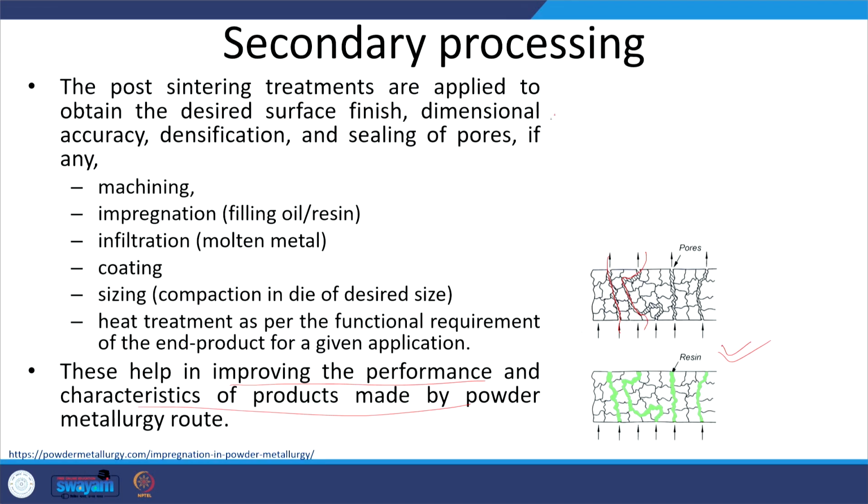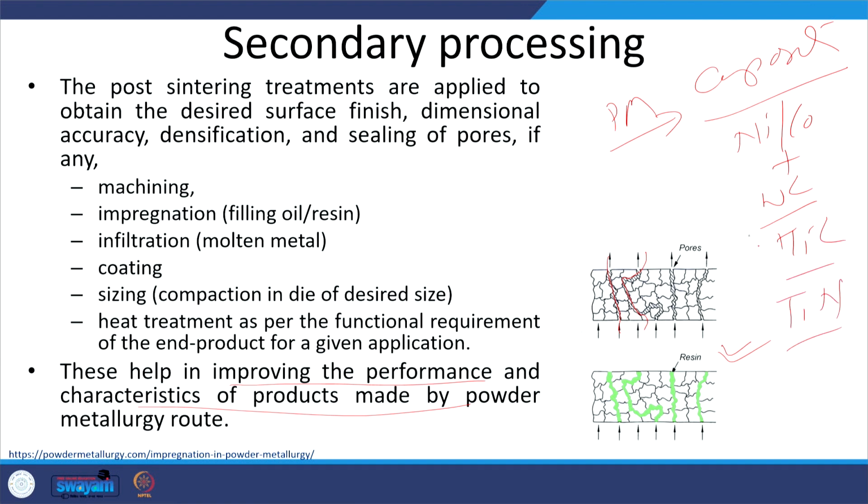As I said, the powder metallurgy route is very commonly used for making products of composite materials like the nickel or cobalt matrix coupled with tungsten carbide, titanium carbide, tungsten nitride, etc. These are extremely hard and brittle when embedded or fixed in the matrix of soft and tough nickel or cobalt.